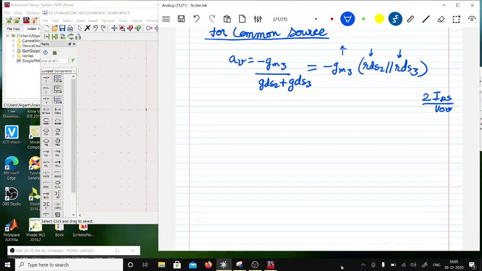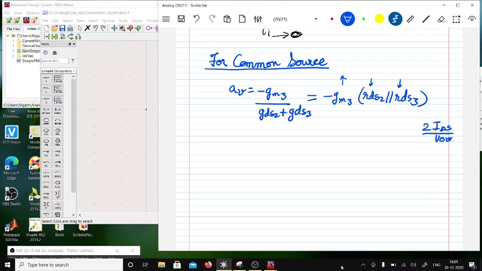That's the issue. Now V overdrive can be fixed with the size of a transistor. If you have a smaller V overdrive for a given current, the device has to have a very large W by L, and that would push the GM up.